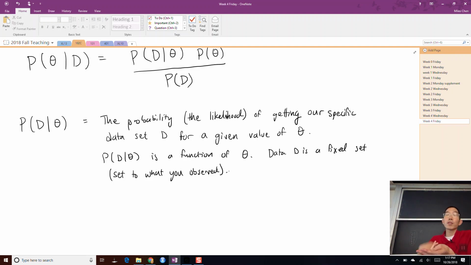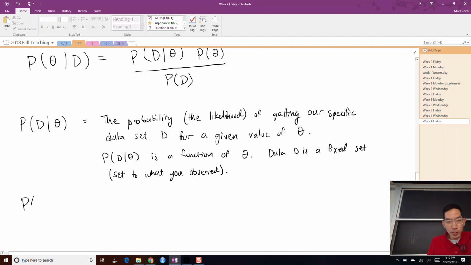If theta was 0.5, the probability of flipping heads is 0.5, then the probability of getting your data would be 0.5 squared, 0.25. If the probability of flipping heads was 0.7, then the probability of your data would be 0.7 squared, 0.49. So the probability of data given theta is a function of theta because your data is fixed.